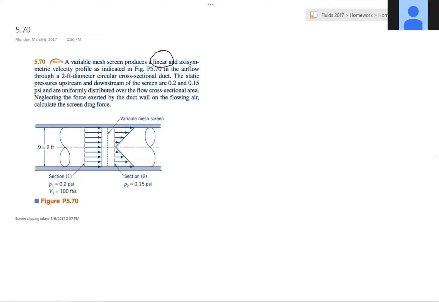What makes this different? The velocity, writing out the equation, all of it. Okay, but the main thing is exactly what you're talking about, the velocity profile. Because we can't just say minus rho v1 squared a1 plus rho v2 squared a2, because we have a velocity profile.